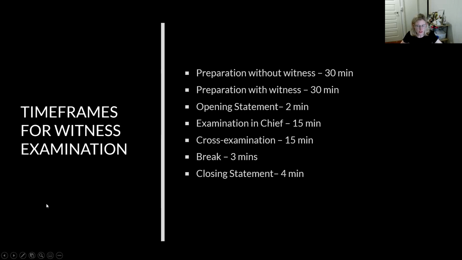How strictly each adjudicator keeps to those times is up to them. I'm notoriously fairly loose with them. I will get a feeling when an examination or a cross-examination is just going off track, or it's just gone on too long, and that may not necessarily be because it's over 15 minutes, it's just because it's becoming pointless.